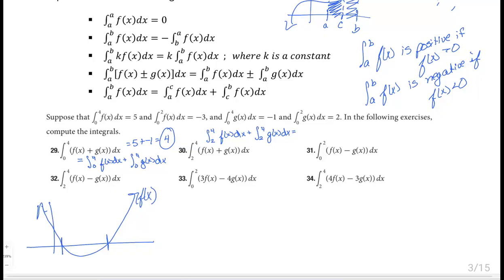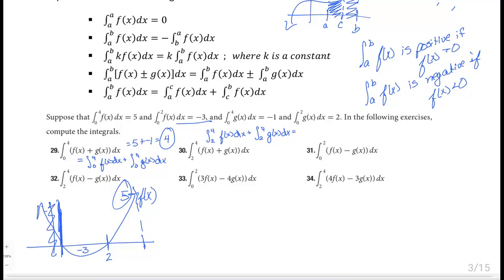So maybe here's my axis. Ignore that one. So 0 to 2, because it's negative, this would be a value of negative 3. But 0 to 4, this whole shebang here, should end up being 5.